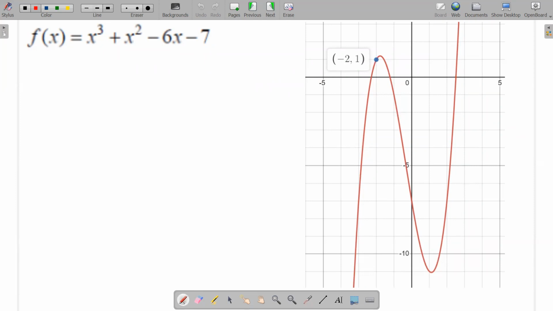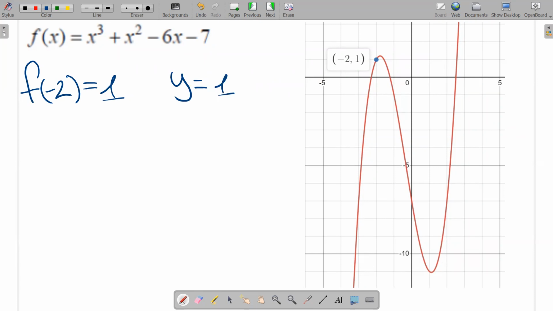As with any function, whenever we solve that function for a value, the result will give us another value that will represent the y component of a coordinate of the graph.